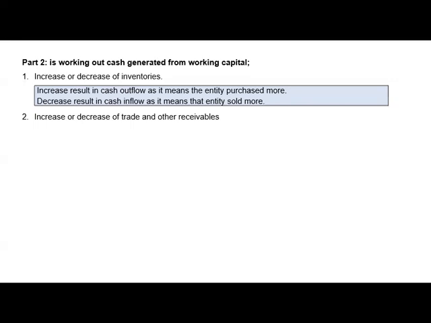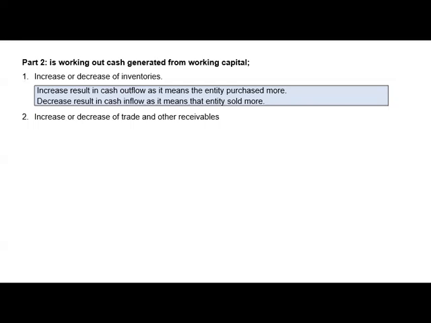I don't want to include SARS because we normally exclude SARS income tax. The others that we exclude will be under trade and other payables. Sometimes we give people our money, and that's why they're owing us. So when we give them our money and they owe us, it means that we lost money.